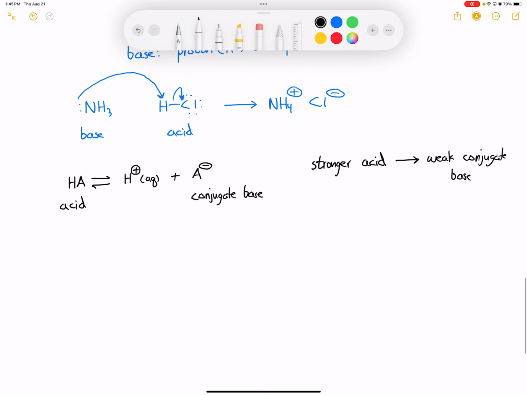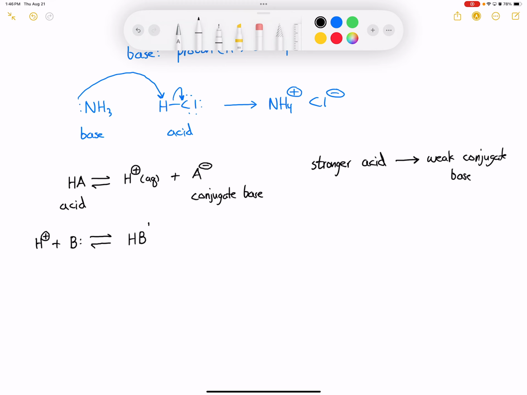Okay. And then on the contrary, we have a base reaction. Say you have a base B with a lone pair. It's going to react in water. Let's put H plus over here. I don't want you guys to erase it. Here you go. So base reacting with H plus, right? It will form HB plus.